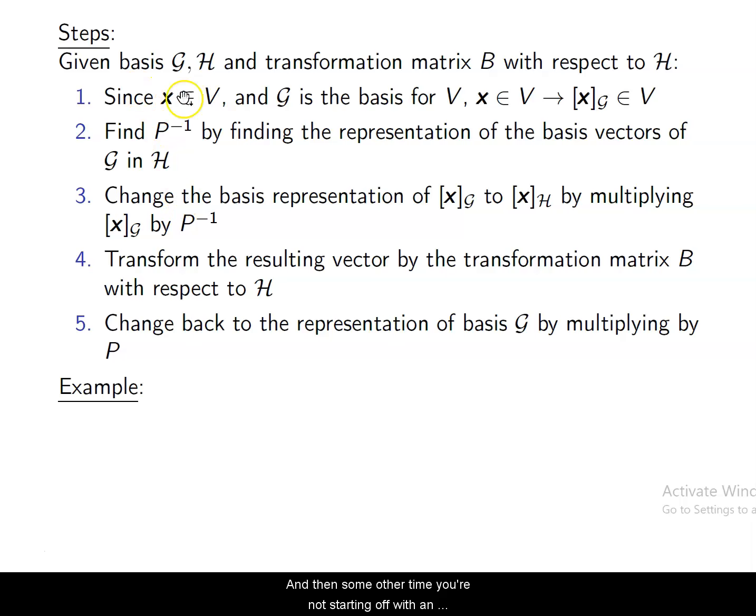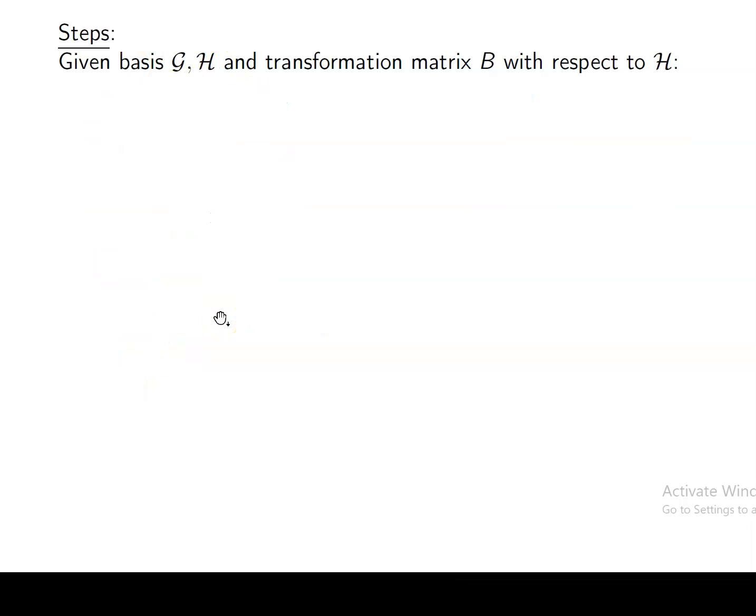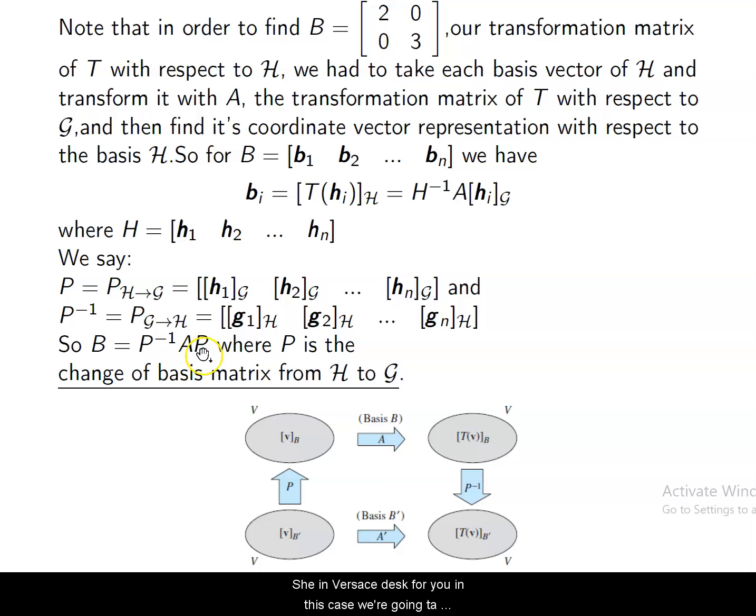Most of the time you're not starting off with an X in V. Most of the time you'll be starting off with X in G, with respect to G. So you find your change of basis matrix, you change the basis representation of your vector, you transform it, and then once you've transformed it, you change it back. This is what P inverse AP does for you.